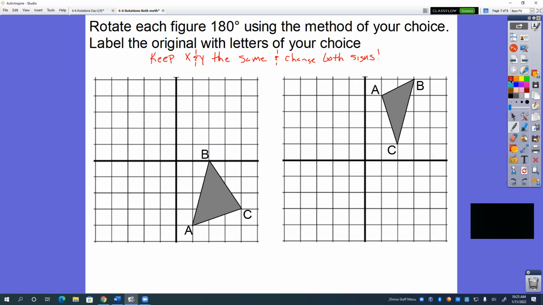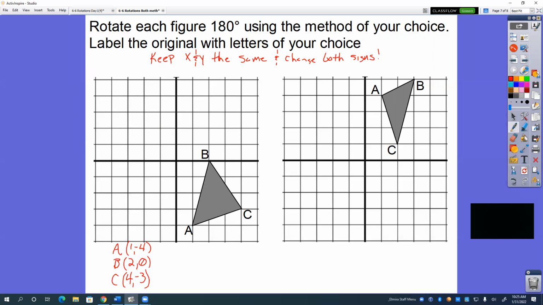So if A is 1, -4, B is 2, 0, and C is 4, -3.